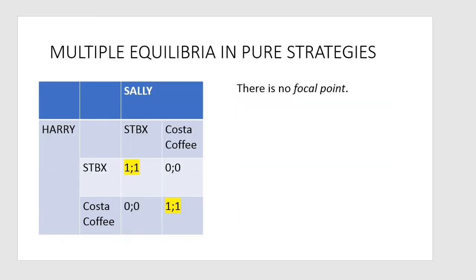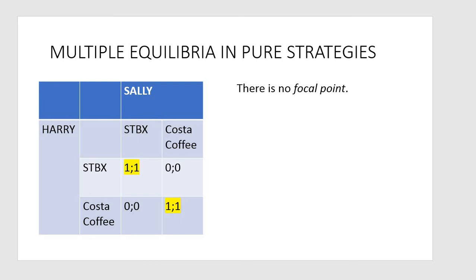Okay, so it's possible to have multiple Nash equilibria in pure strategies. For instance, consider this game. So the story is like this. 2 people, Harry and Sally, arranged a meeting at the local cafe, but they did not specify whether it's Starbucks or Costa Coffee.